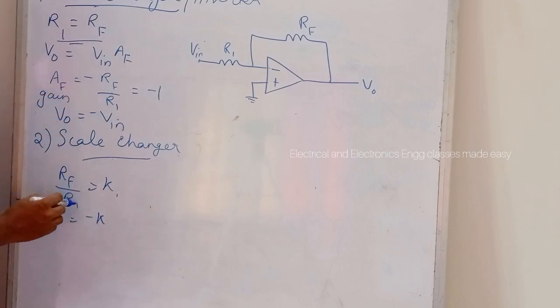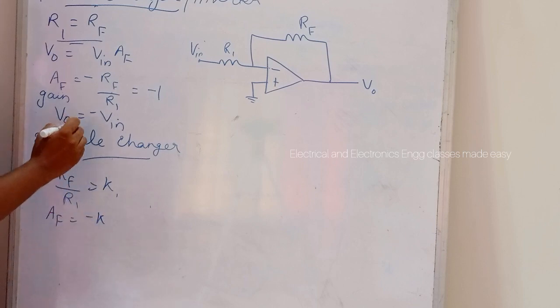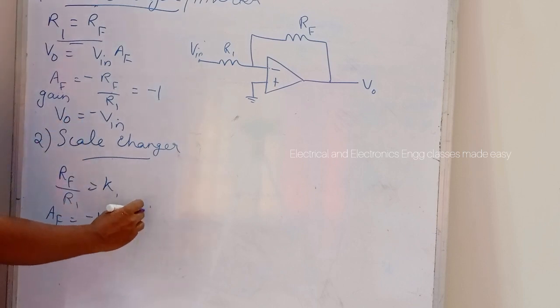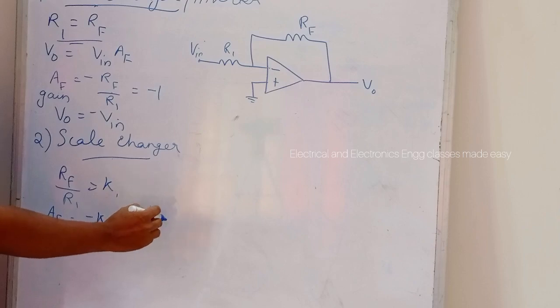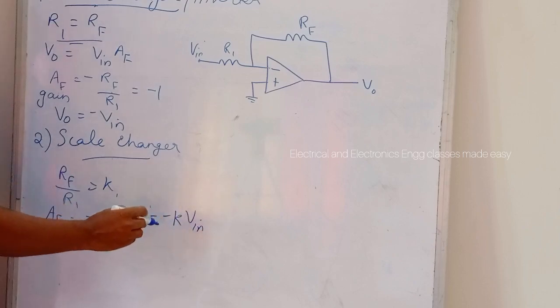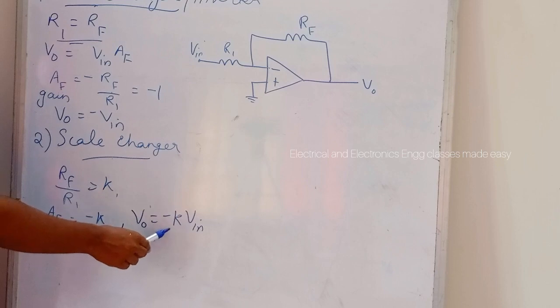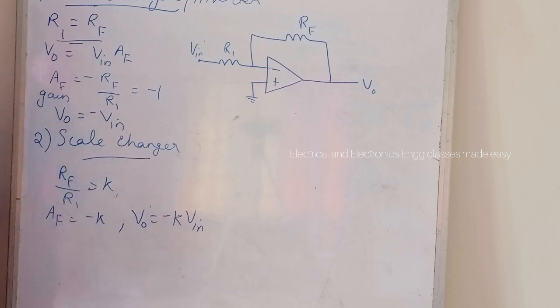So if RF divided by R1 is a real constant K, then AF will be equal to minus K, and hence V0 will be equal to minus K into V in, that is the input voltage has been multiplied by a factor minus K at the output. So this is called scale changer.